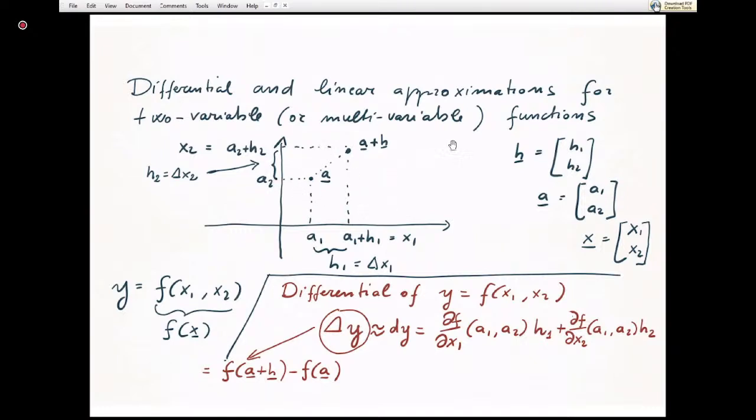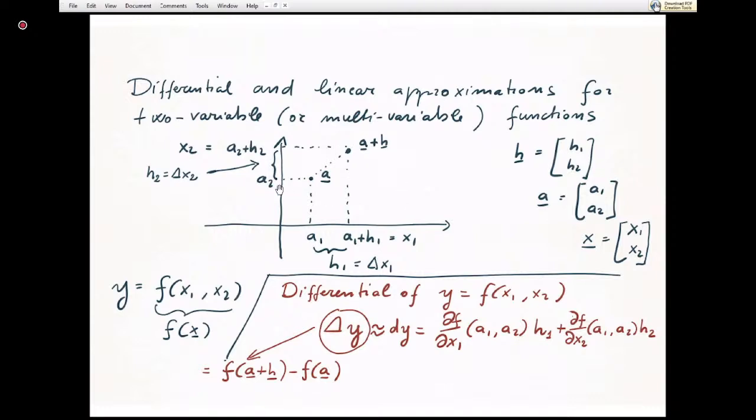So in the plane, I have the domain of my two variable function. If I remember when we discussed the change for a one variable function, I started from my axis and I took a change of the independent variable. But now we have two independent variables. And there are infinitely many possible directions where I can take a change of the two independent variables.